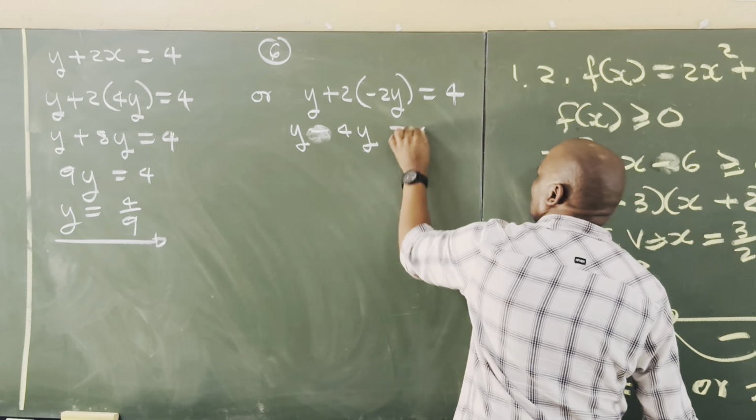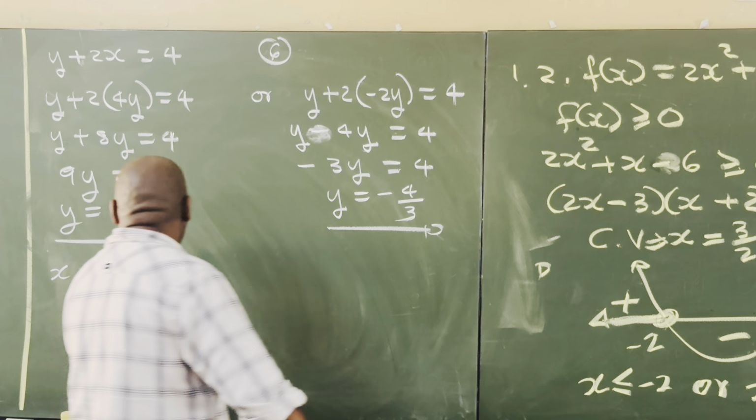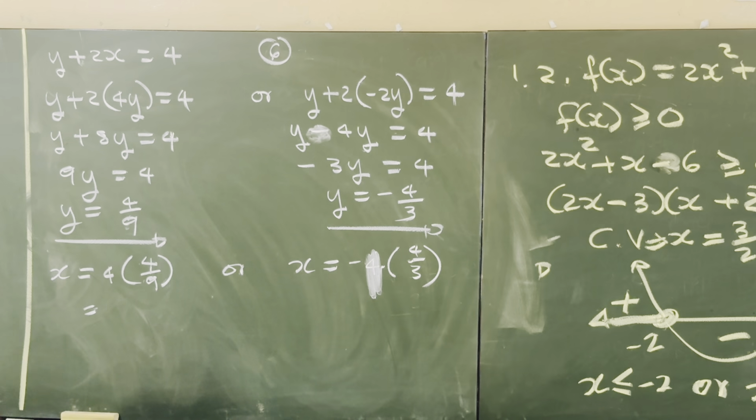So this is x equals to 4 into, instead of y, 4 over 9. Then you compute that. Then we can use the same equation. x equals to negative 4 over 3 into, no, it's negative 4 into 4 over 3. Well, let's go and use the other one.